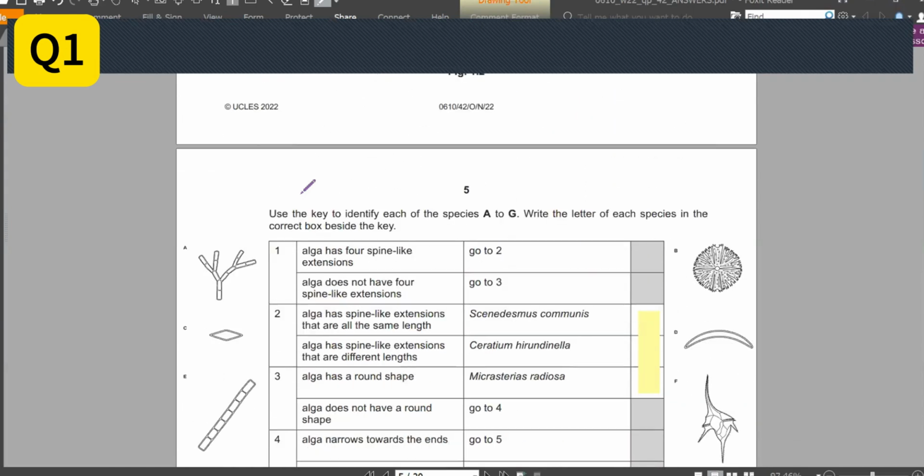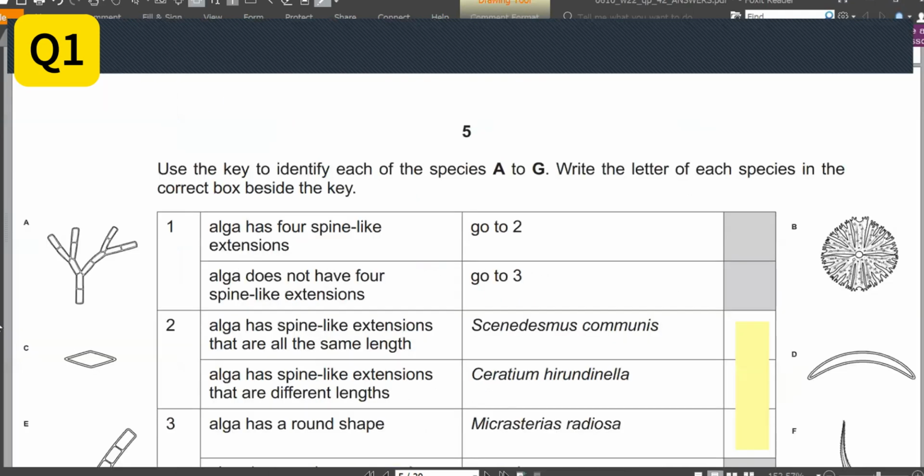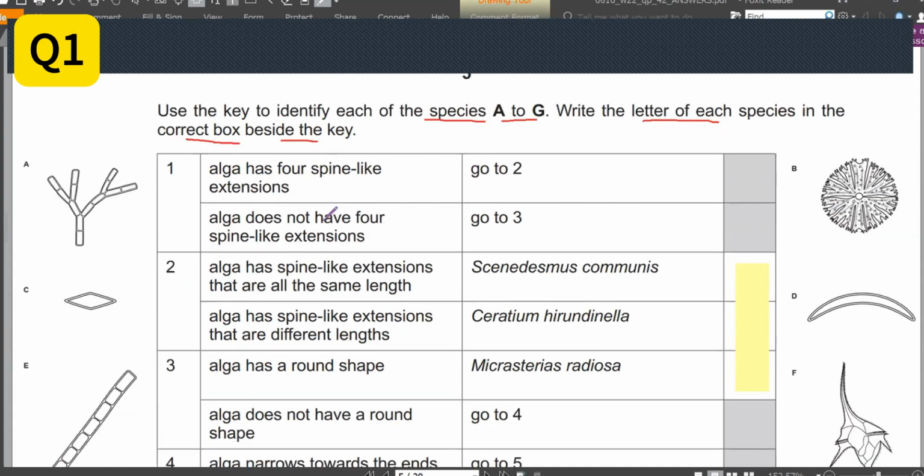Next, we need to use the key to identify each of the species A to G. Write the letter of each species in the correct box beside the key. Now I already copied the pictures to this page here, so we can take a look straight away.